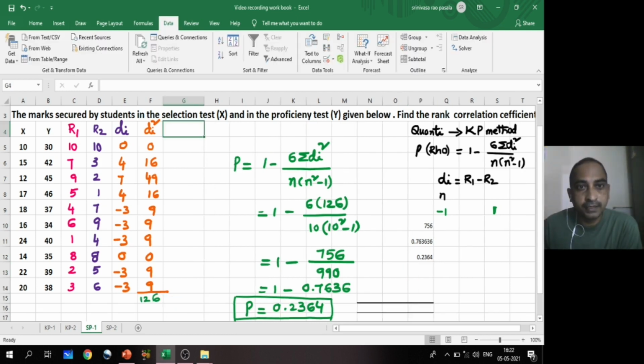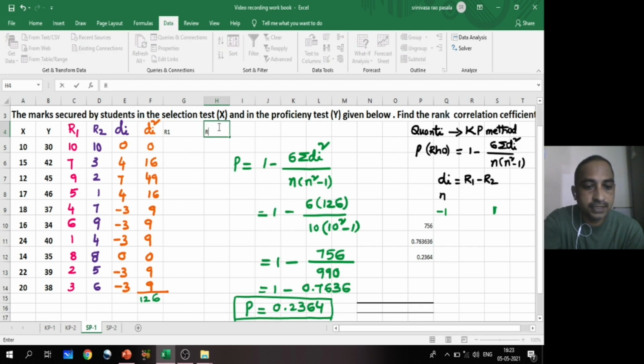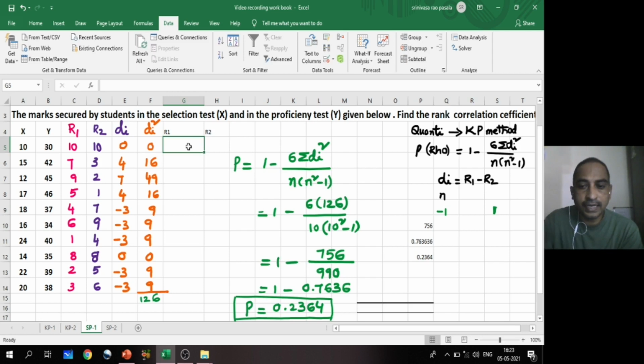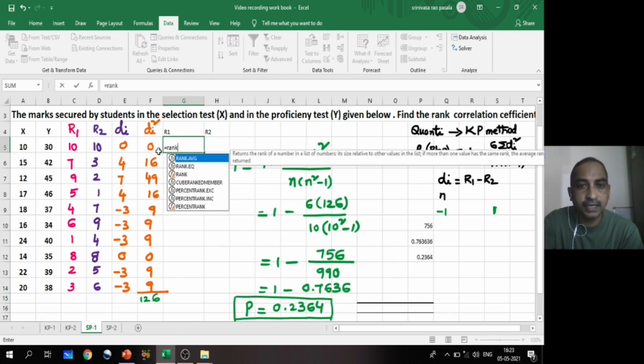Let me explain how to allocate the ranks by using MS Excel. It's very simple. The first X series ranks is R1 and the Y series ranks is R2. In this cell I need the rank for this cell, 10, right? So equality sign, then RANK.